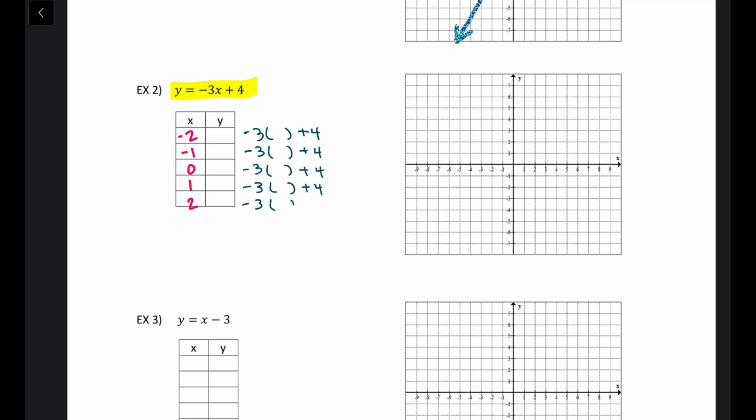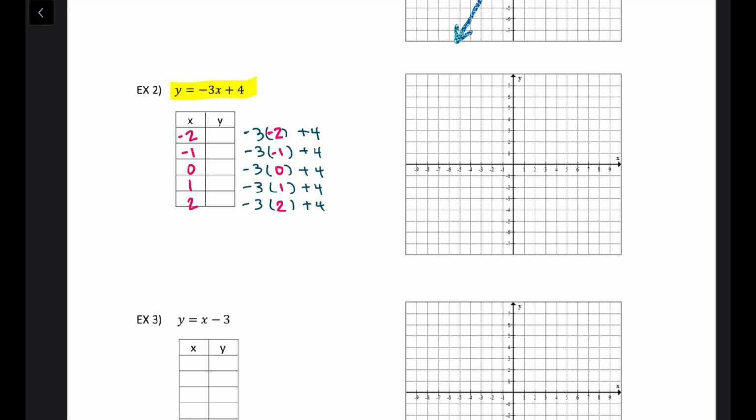One really nice thing on your calculator, once you type this in once, if you hit second enter, it'll retype it on your screen, and all you have to do is change that one number, so you're not retyping the whole thing over and over and over again.